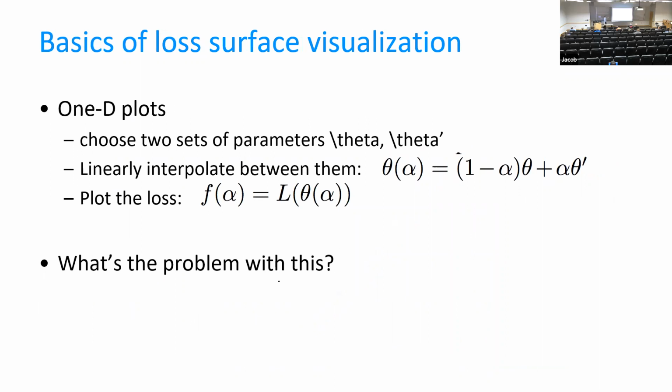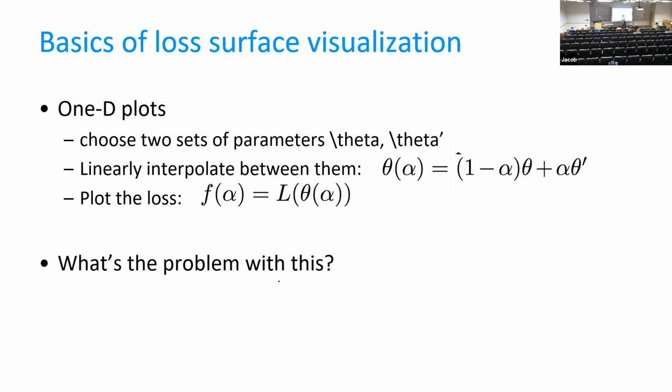I mentioned this before, but to put this a little more precisely, this is how we make these plots. We choose two sets of parameters, theta and theta prime, and we trace out intermediate values between them. There's a word for this that I've used before. Do you know what it is?